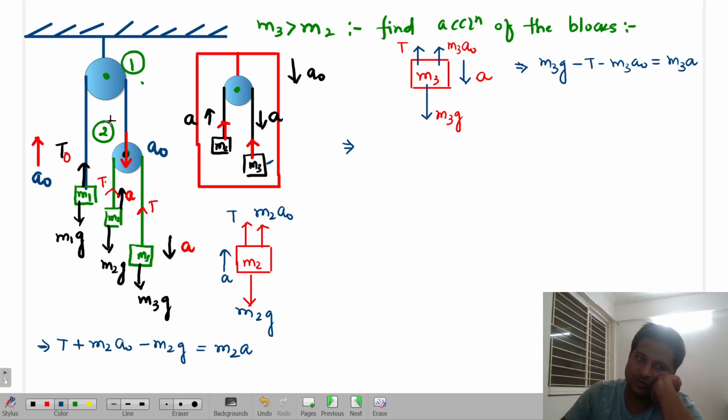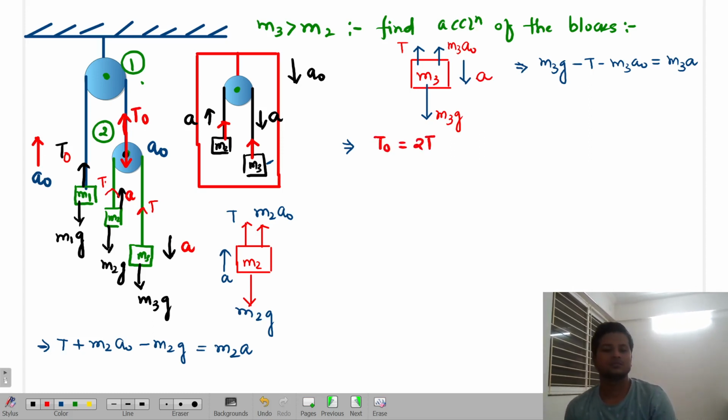If I look over here, if that is tension T naught, this is also tension T naught. So can I write that tension T naught is nothing but twice T? Look over this pulley system.